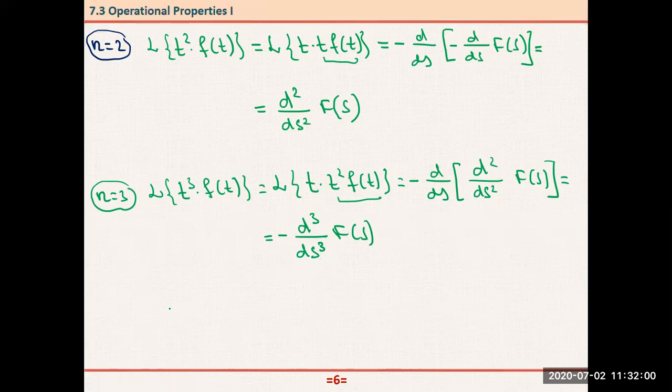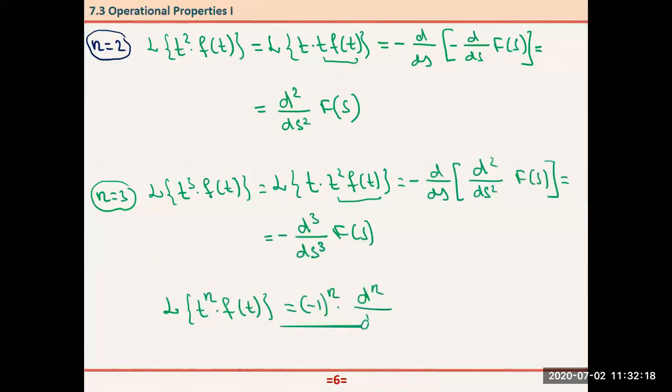Now, if you need to evaluate the Laplace transform of t to the power n, n a positive integer, times f of t, it is just equal to -1 to the power n times the nth order derivative with respect to s of capital F of s, where the Laplace transform of f of t is equal to capital F of s. Okay, that is the proof of this formula.